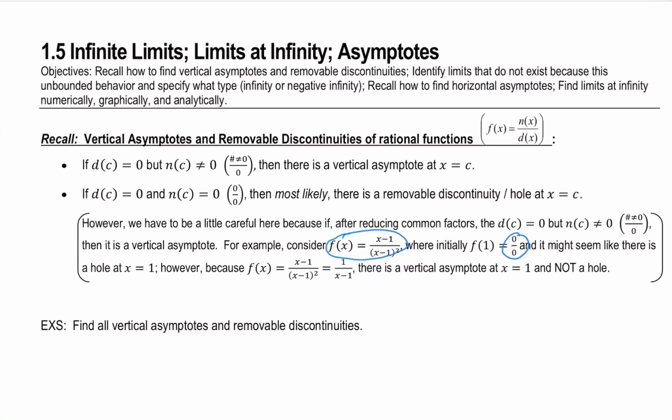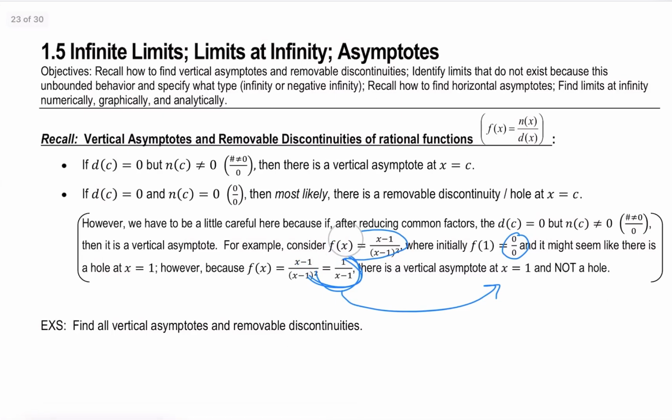But actually this is a case where there's not a hole in the graph. If you can reduce a common factor, which you can here, you reduce one of the x minus 1s and end up at 1 over x minus 1. This is actually a vertical asymptote and not a hole. So you really have to look at what happens after you reduce common factors. Do you get a 0 over 0? That's the question you have to look at.